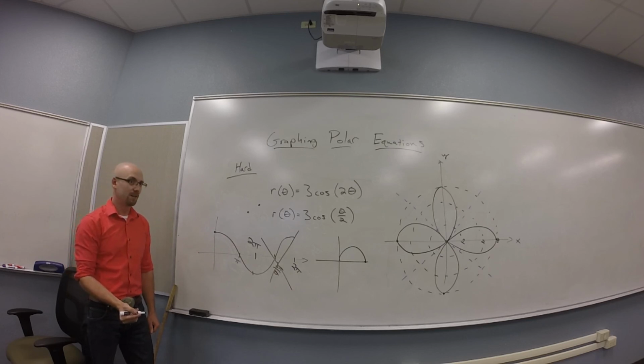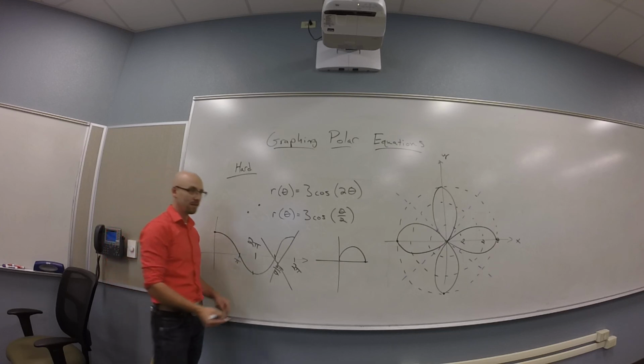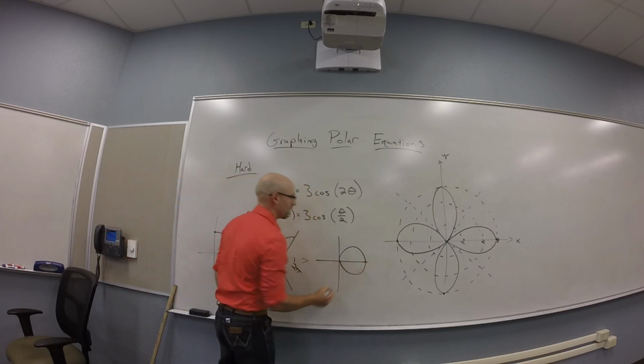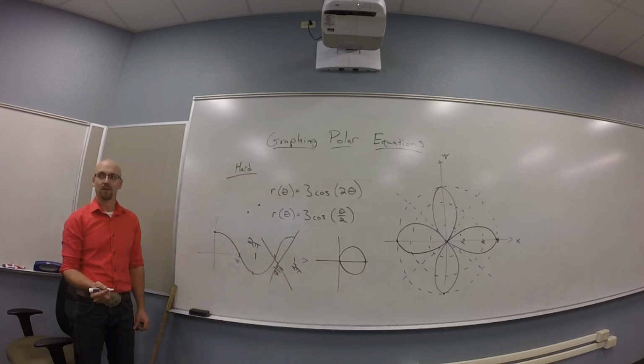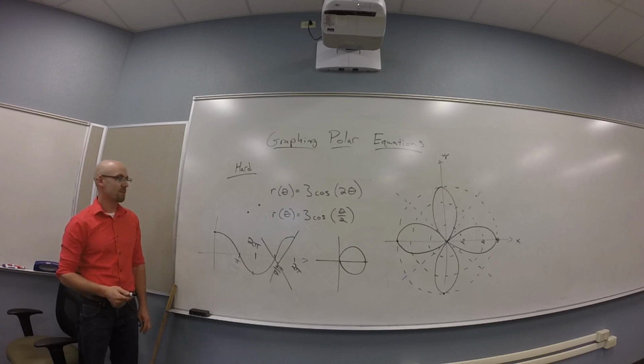And then on the other side, we're going from a radius of 0 back up to a radius of 1. So we'll get the other half of this. You guys see that? Cool. Other things are sort of possible and pretty messy.